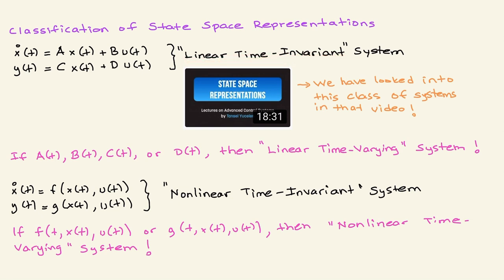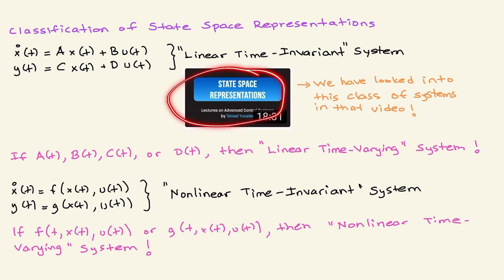What I mean by that is that if you have the equations of motion of some dynamics, and you put them into the state space form and obtain a constant A matrix, constant B matrix, as well as constant C and D matrices, then you are looking at a linear and time invariant system. As I just mentioned, in the previous video we looked into this class of systems.